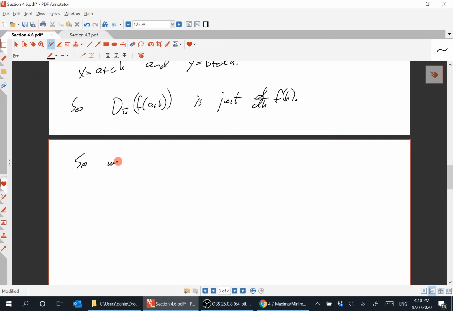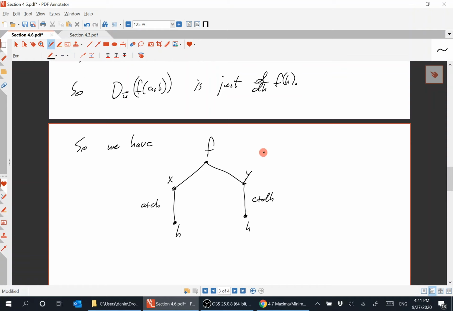So f is a function in terms of x and y, and x, which is a plus ch, is a function in h, and y, which is equal to b plus dh, is also just a function in h. A, b, c and d are all constants.